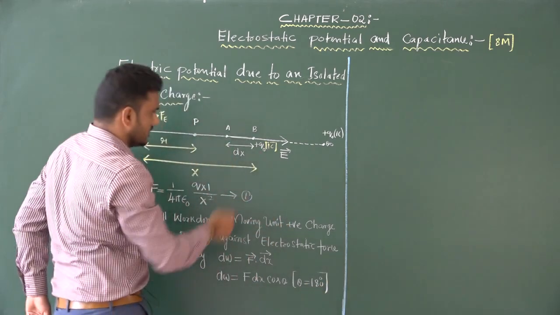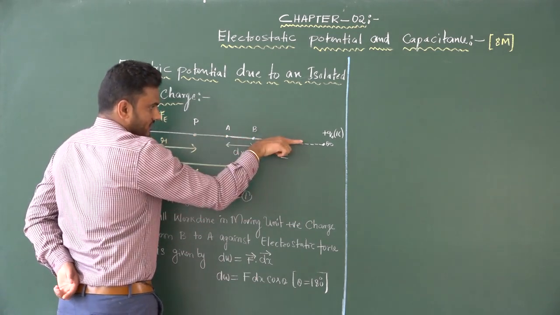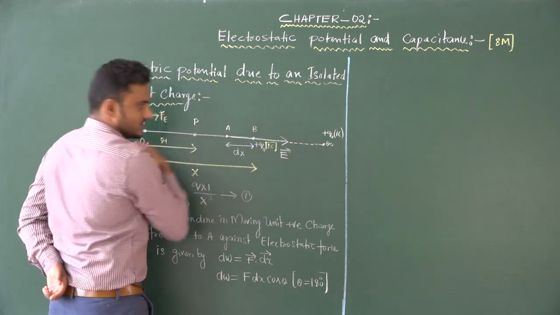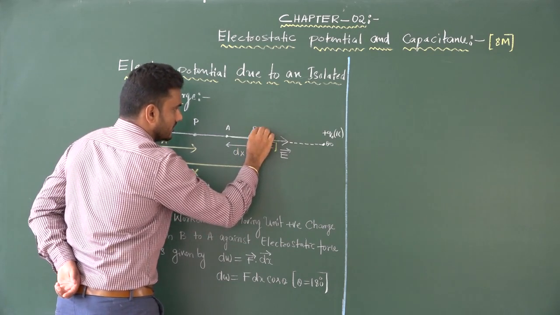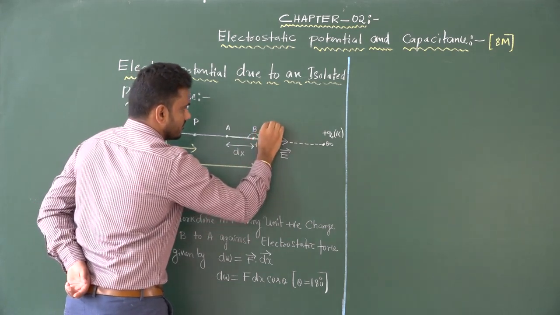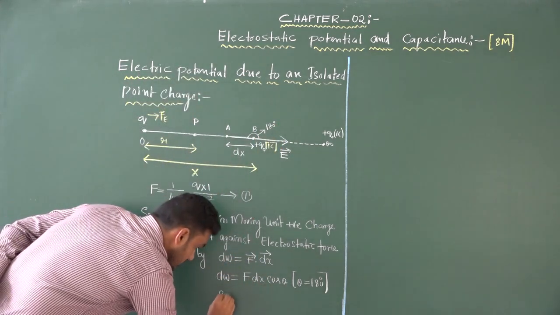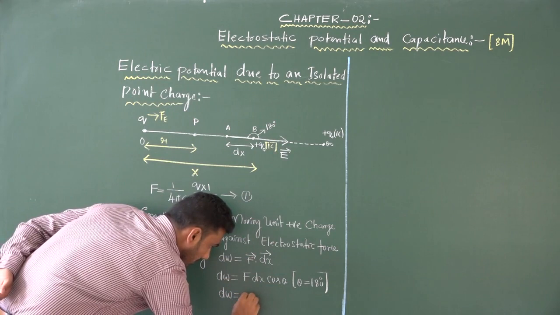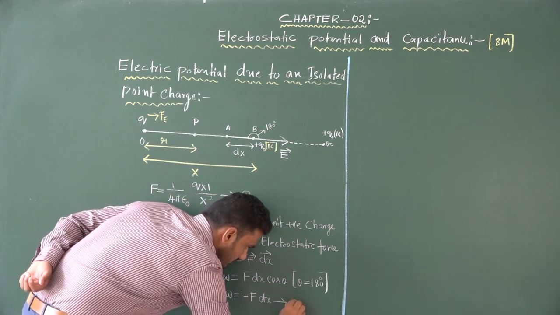Why 180 degrees? The electrostatic force is in this direction, whereas the work done is opposite to that. So here we have 180 degrees. Because cos 180 degrees is minus 1, dW is equal to minus F into dx, equation number 2.